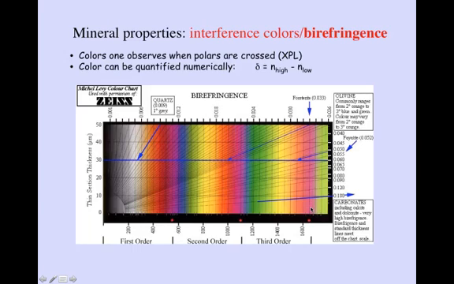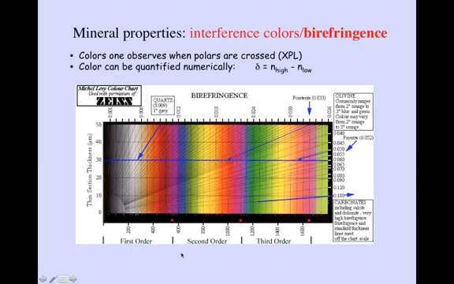You'll also notice that there's a different intensity to those colors: the first order colors look more dull, the second order colors are quite bright, and third order and beyond, so fourth order, etc., those interference colors look more pastel or washed out.